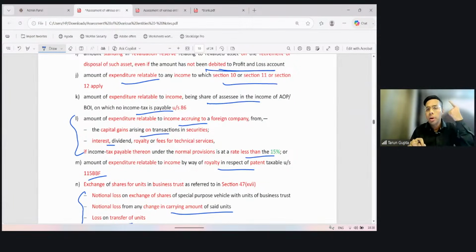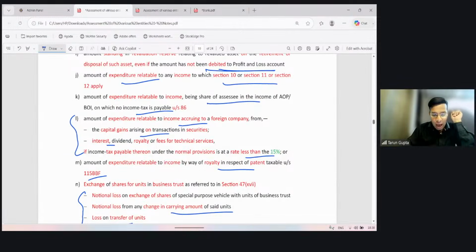What are those incomes? Income under section 10, 11, 12, or share of profit in AOP or BOI, or income of a foreign company, capital gain in respect of transaction in securities, or interest, dividend, royalty, or FTS, which is otherwise taxable under normal provision at a rate less than the 15% rate, less than the MAT rate, and royalty under section 115BBF.